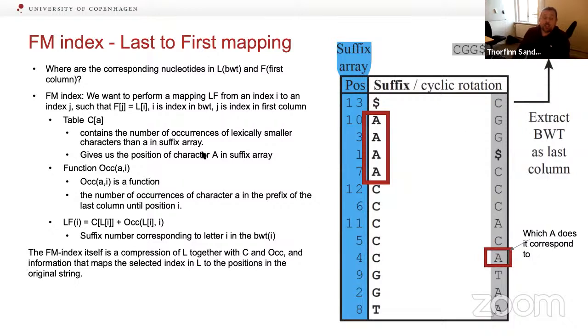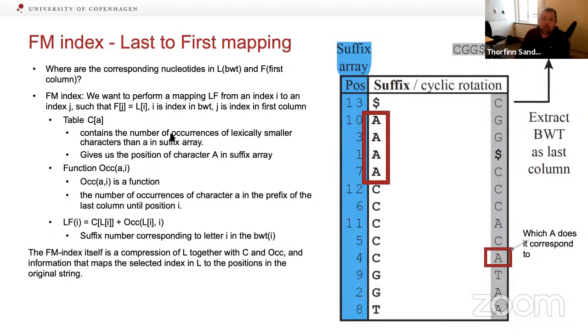In order to do this, the FM index consists of two parts. The first one is a table that contains the occurrences of all the lexically smaller characters than a specific character in the suffix array. In short, it just tells us the position of character A in the suffix array.